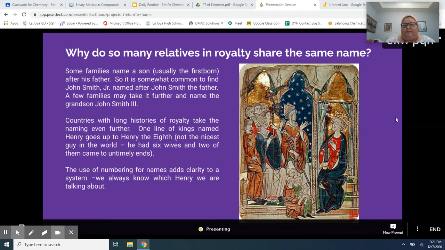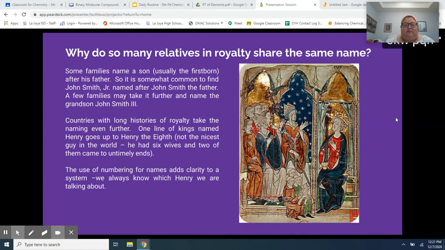Some families name a son, usually the firstborn, after his father, so it is somewhat common to find John Smith Jr. named after John Smith, the father. A few families may take it further and name the grandson John Smith the Third.